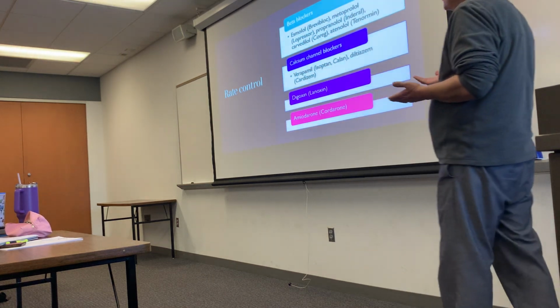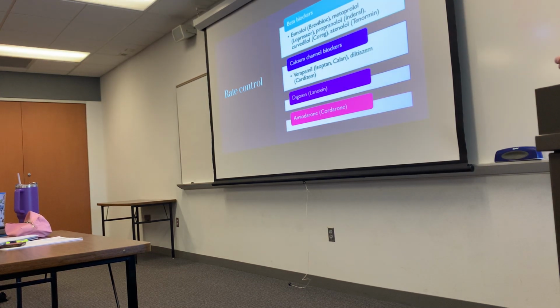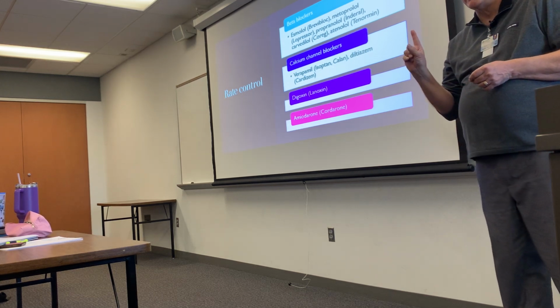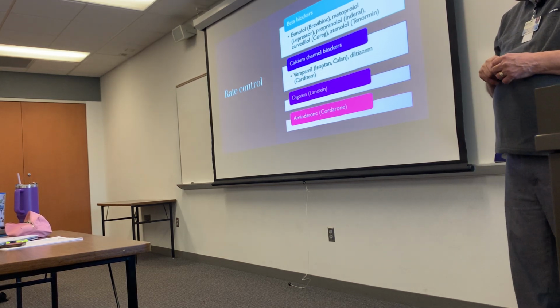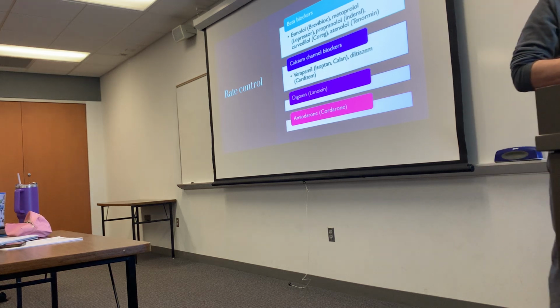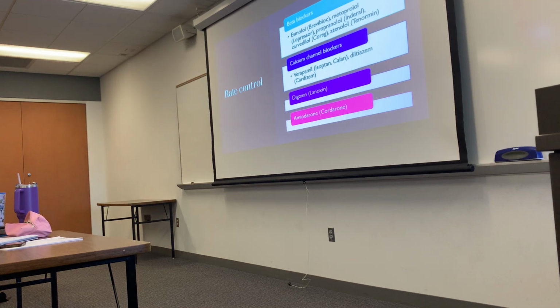So things we're going to use for rate control. First line are your beta blockers, especially your metoprolol. Metoprolol comes in two varieties. Metoprolol succinate is a once a day, 24-hour med. Metoprolol tartrate is every 12 hours.